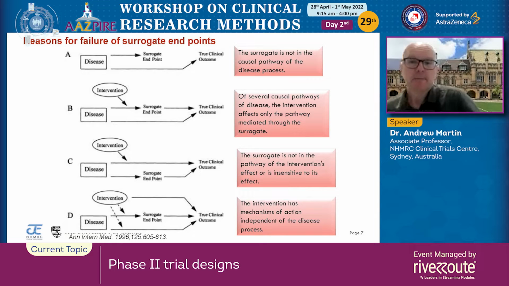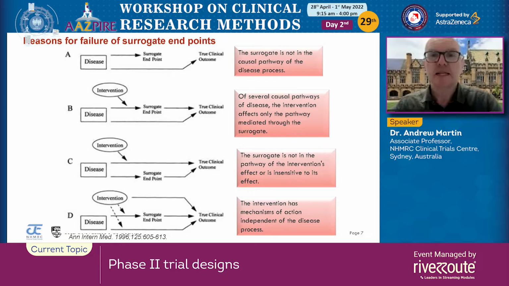So there are plenty of explanations for why an intermediate endpoint might not end up being a good surrogate. It may be that the surrogate or the intermediate endpoint is simply not on the pathway from the disease through to the definitive endpoint of interest.